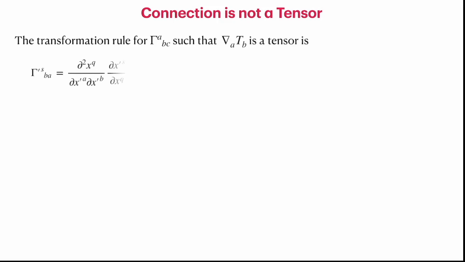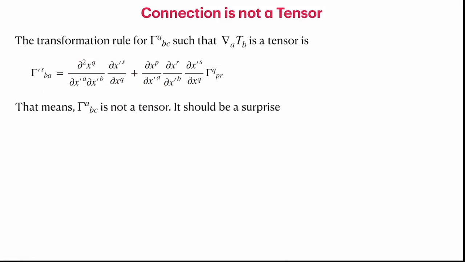This is the transformation rule we have derived. We see that this is transformed like a tensor which has two covariant indices and one contravariant index. That is why it is represented by gamma QPR. But there is this term, and there is no way to call it a tensor transformation of anything. So this makes our gamma not a tensor.